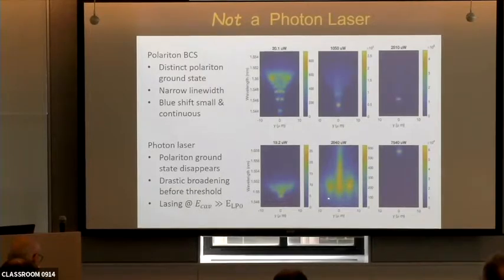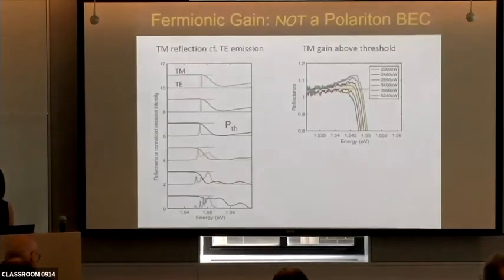The emission goes all the way from the exciton resonance up to the cavity resonance until when we finally reach its threshold, everything goes to the cavity frequency. So there's a drastic contrast between the two, to reasonably guarantee that it's not really the photon laser limit. But is this a BEC?